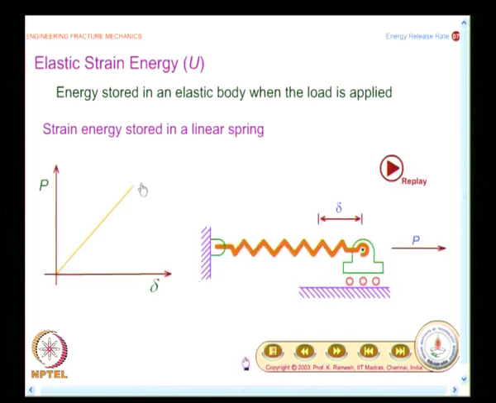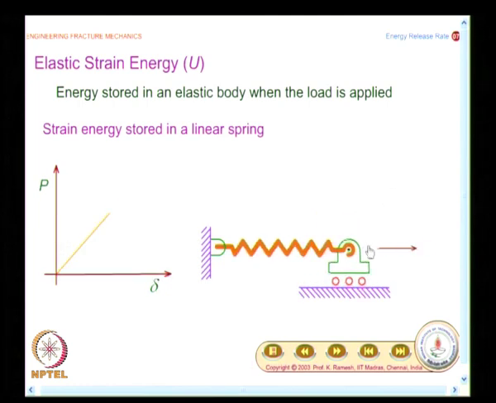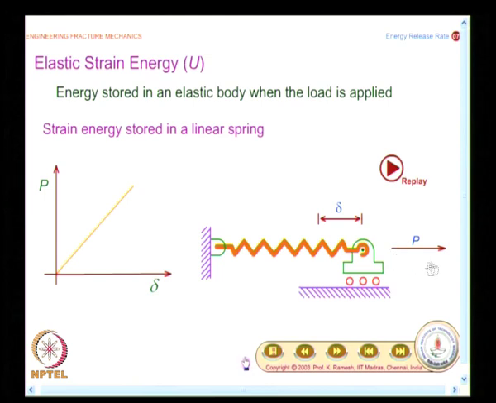It is a linear spring, and watch the animation very carefully, and also you have the graph which gives you P versus displacement. I will redo the animation. The point which I want to look at is how P has been shown. It is very carefully shown. P varies gradually from 0 to the final value.